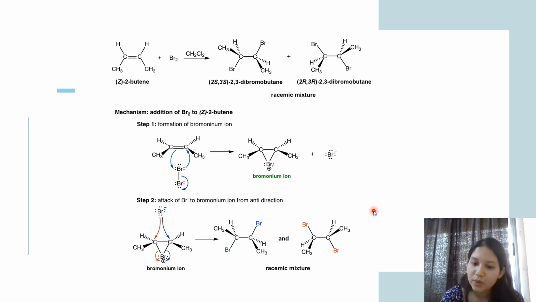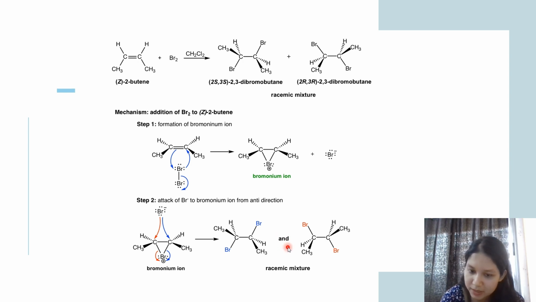So you end up getting a mixture of two products which are enantiomers of each other. These two products formed are enantiomers of each other. These two are non-superimposable mirror images of each other. See, suppose we are placing one mirror here, like in place of the AND word.